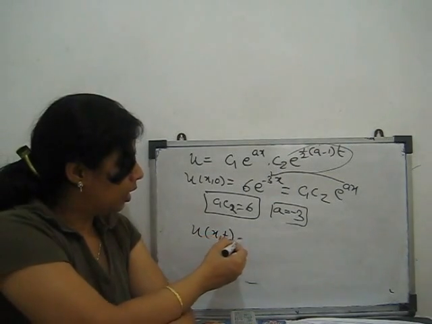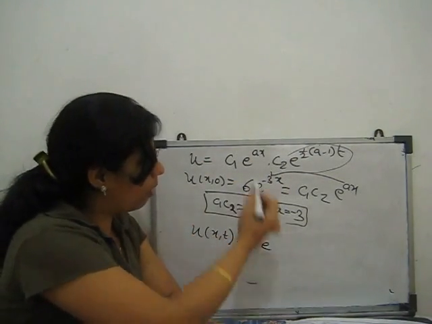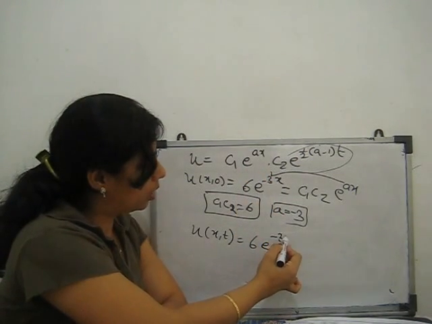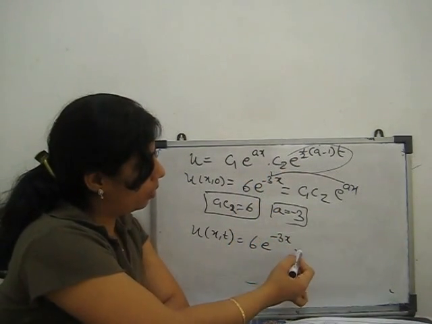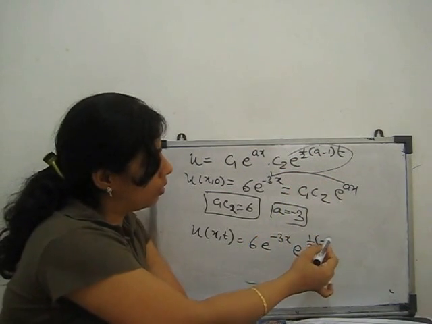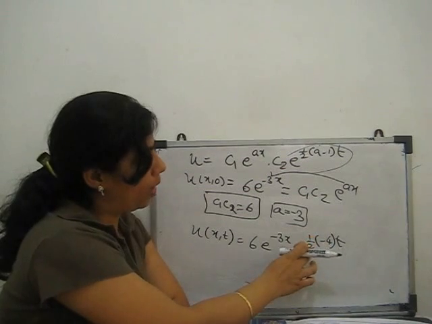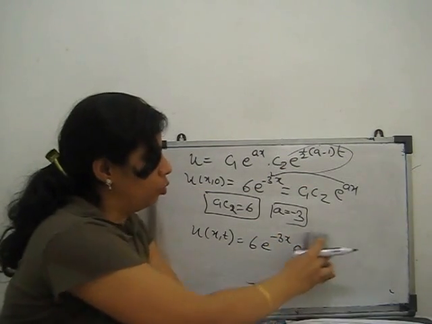u(x,t) is equal to c1 c2 is 6, e to the power ax is minus 3x, e to the power 1 by 2 into minus 3 minus 1, minus 4, into t. So what it becomes? 4 by 2 is 2. So minus of 2t.